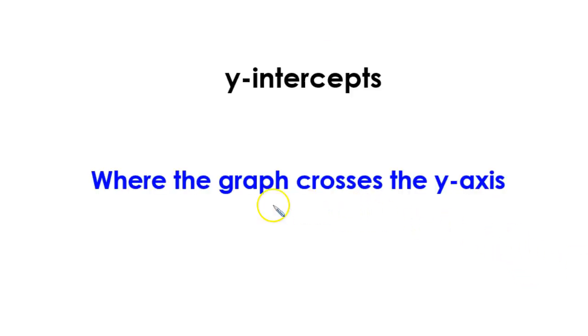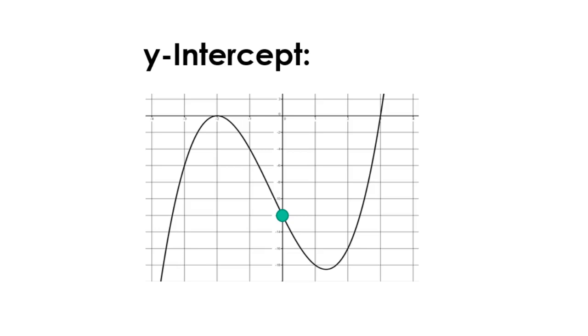Well, y-intercepts are where the graph crosses the y-axis, and that's a pretty easy thing to find usually if you have a graph. Just look on the graph and say, oh, it crosses down here. Now this is going 2, 4, 6, 8, 10, 12. So technically this point here is at (0, -12). So that's our y-intercept. (0, -12) has a y value of -12.